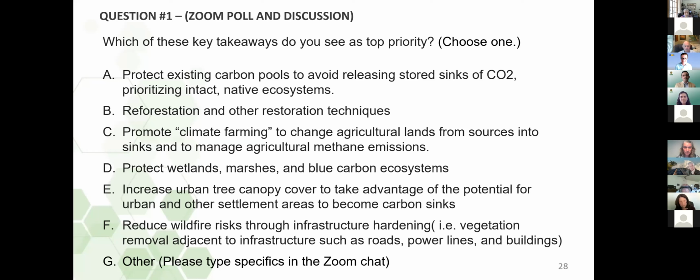This just takes less than a minute. So weigh in here. If you had to pick the one here for now as a top priority, as defined as these key takeaways, we talk about land use and natural solutions. All right, good. Keep it coming.